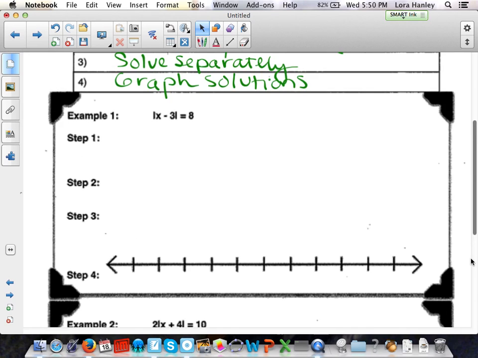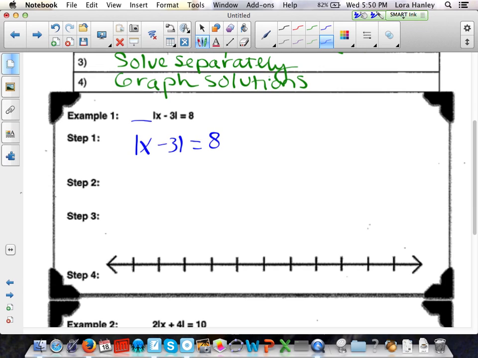Well, my first question for you would be, is our absolute value alone? And I don't see any number multiplied or added outside. So if that's the case, then our absolute value brackets are totally fine. So step 1, where we say isolate absolute value, we can sort of skip. So we just get absolute value of x minus 3 equals 8. Simple enough. Make sure to make your absolute value bars a little bit longer so you don't mistake them for ones.